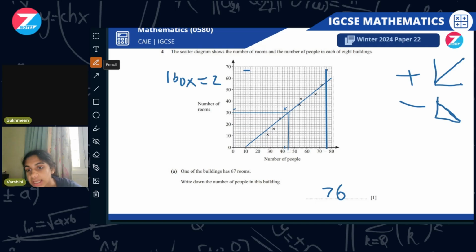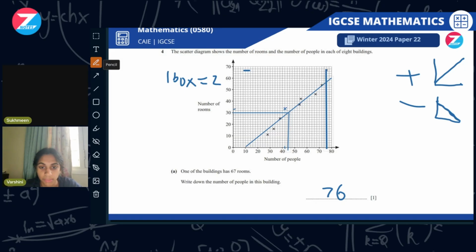Even if we don't know any of this information, we can look at the x-axis and take any two points. We take this point, it's somewhere around 30 and 10. Then we take another point somewhere around 55 and 35.